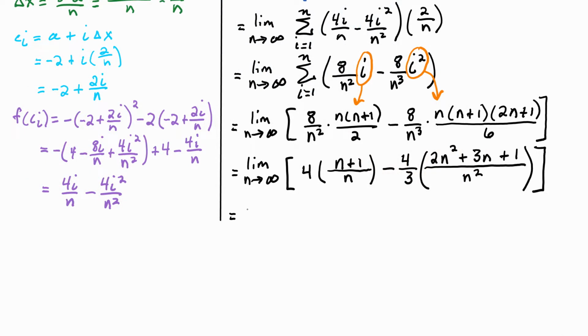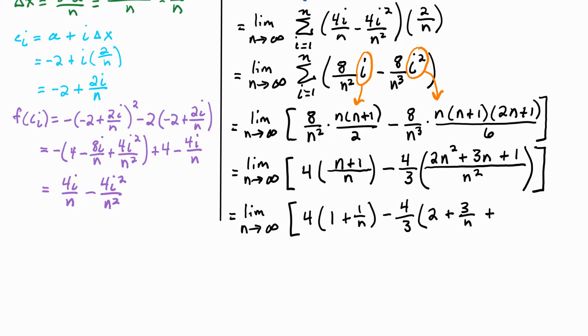Continuing to simplify, we get limit as n goes to infinity. We have 4 times the quantity, n over n becomes 1 plus 1 over n, minus 4/3, and we have 2n squared over n squared becomes 2 plus 3n over n squared becomes 3 over n plus 1 over n squared.